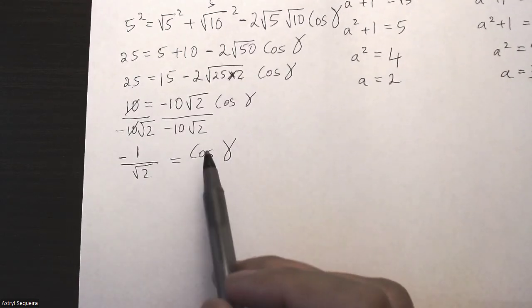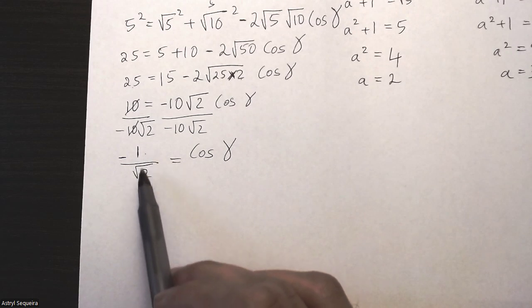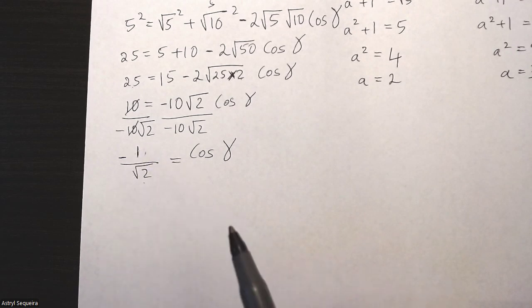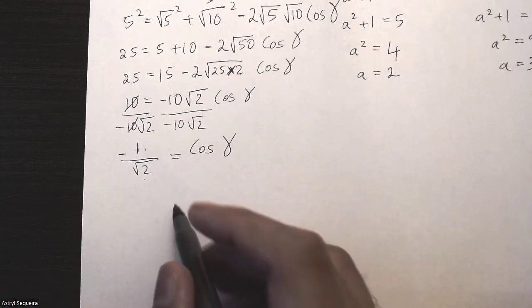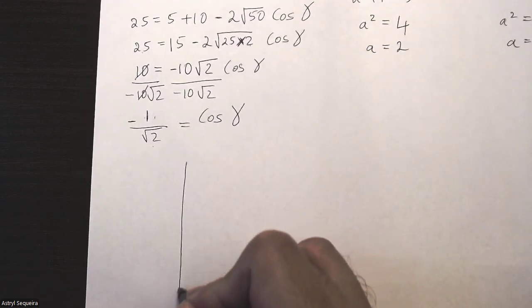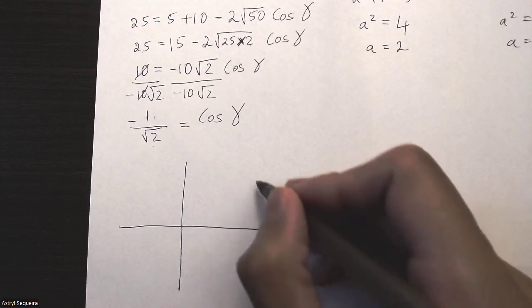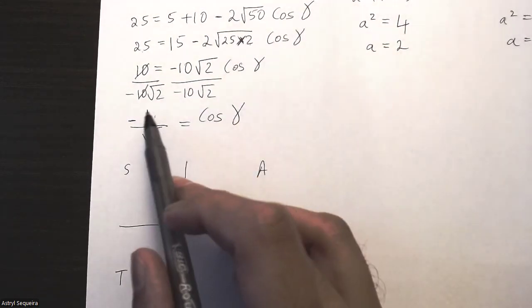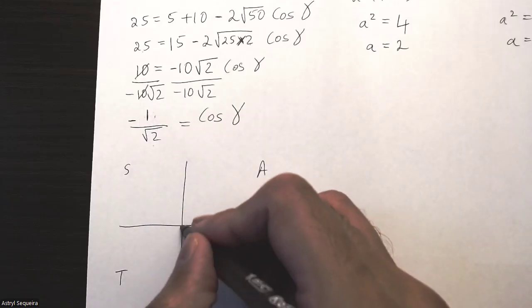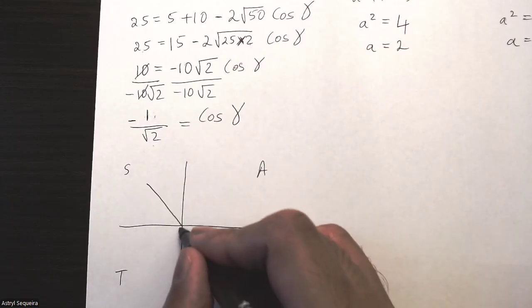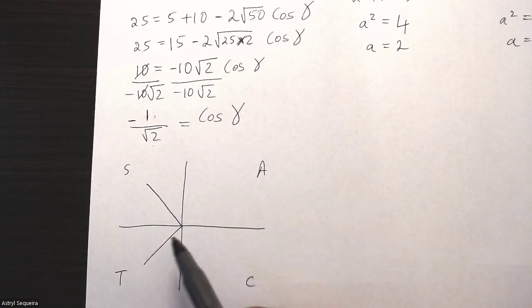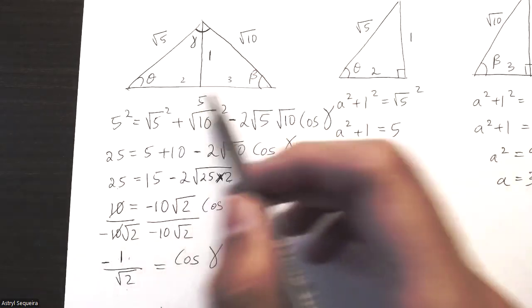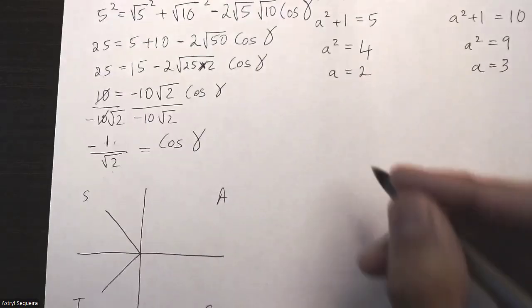So now I need to solve this. I'm going to use my special triangles over here because this is the case of a special triangle when you have 1 over root 2. The first thing I'll do is my CAST rule. Cos is negative in the second and third quadrant. However, if we're thinking about this question specifically, what do the angles in a triangle equal to?